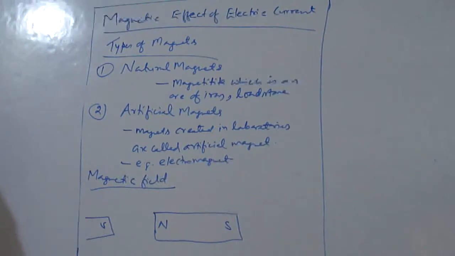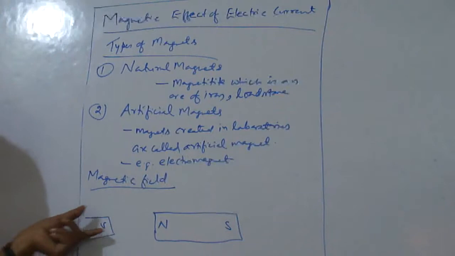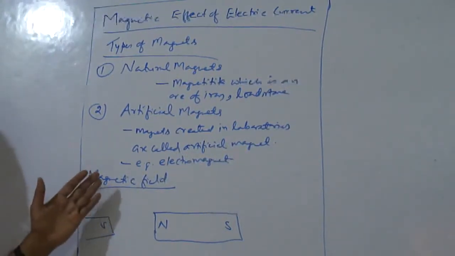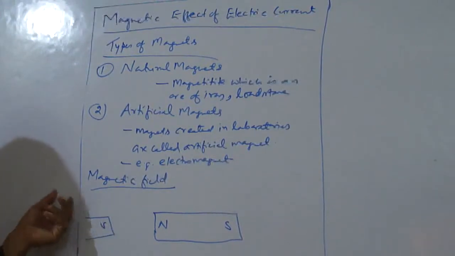From infinite distance, it will not experience any force. Suppose this magnet is fixed and you bring the other magnet from far away; it will not experience a force.